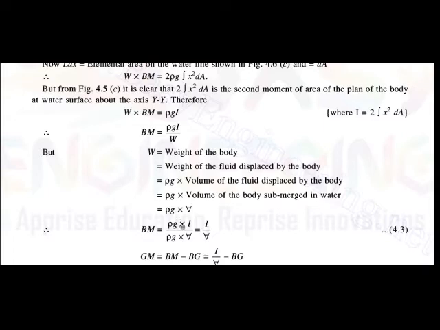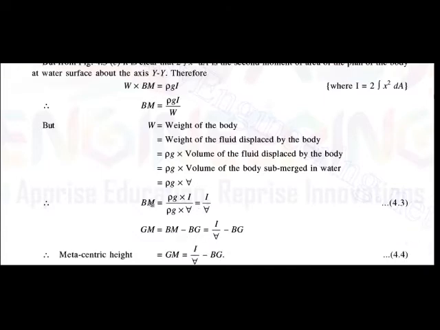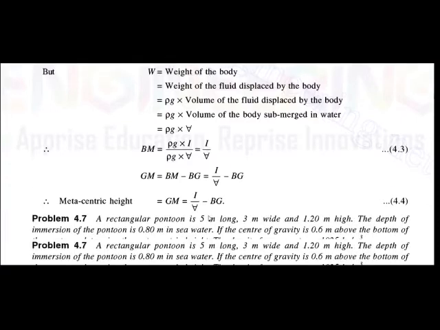So W is equal to rho g into V. Then BM is equal to rho g I upon rho g V. So rho g and rho g cancel out, and it is equal to I upon V, that is the volume of the body submerged in the water.